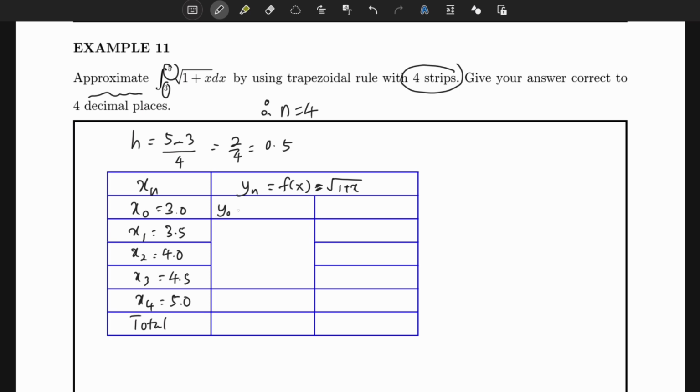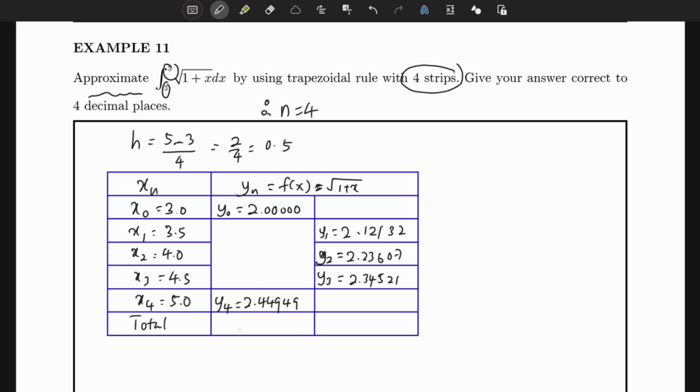So write down the value for y0. That will be 2.00, to 4 decimal places. So in the working should be 5 decimal places. So y1, copy down, you get 2.12132. y2 will be 2.23607. y3 is 2.34521, and then y4 equals 2.44949.